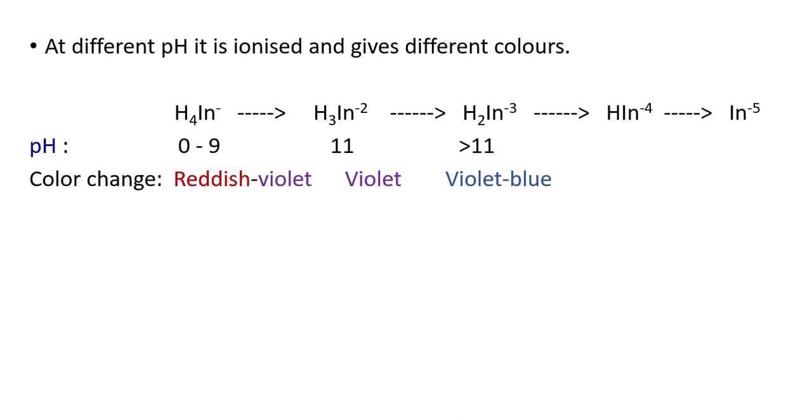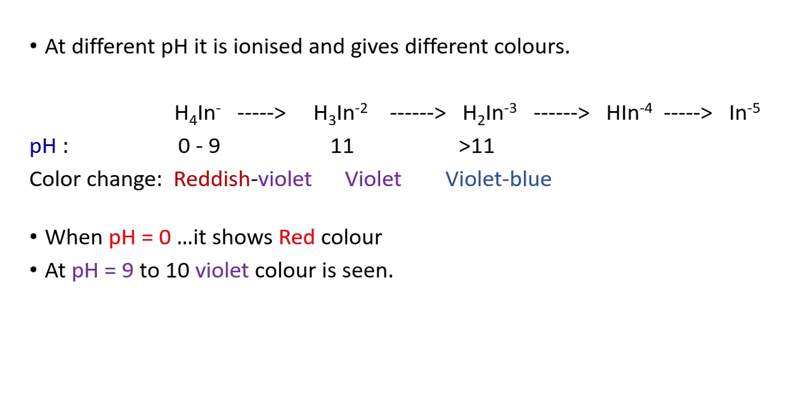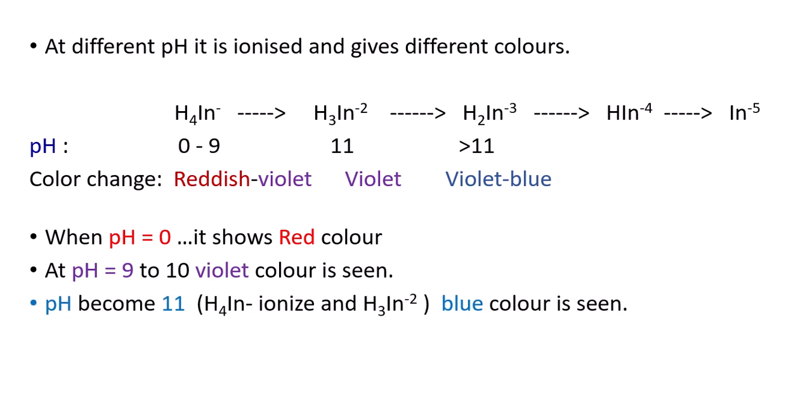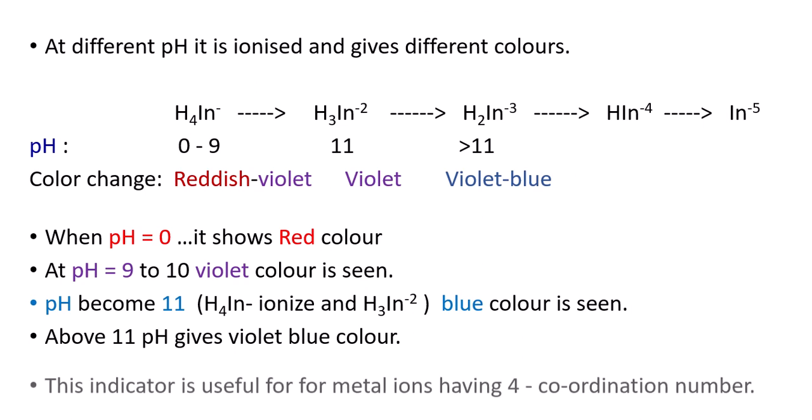So initially it gives reddish violet color and then violet to blue color. At pH 0 it shows red color. Within the range of pH 9 to 10, violet color is observed, and when the pH is 11, H4In- ionizes to H3In-2, wherein blue color is seen, and above that pH it shows violet color.